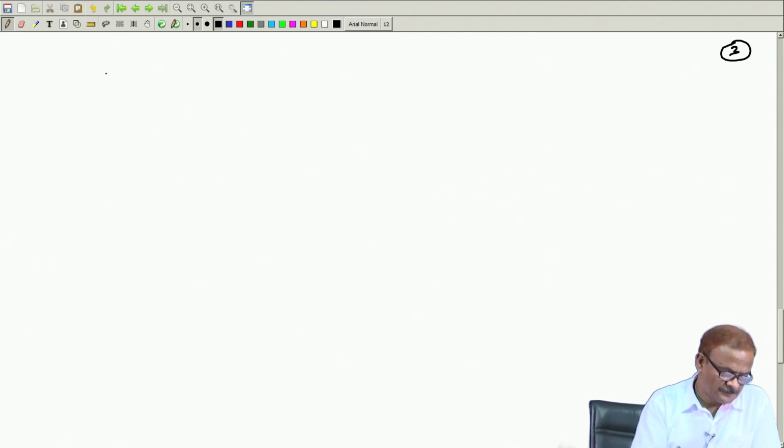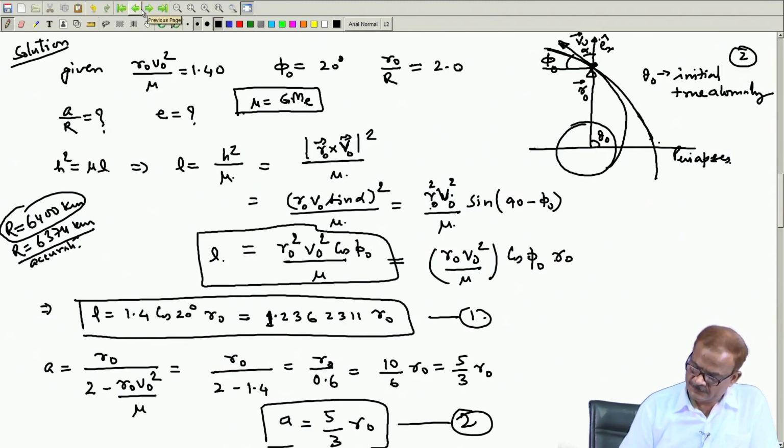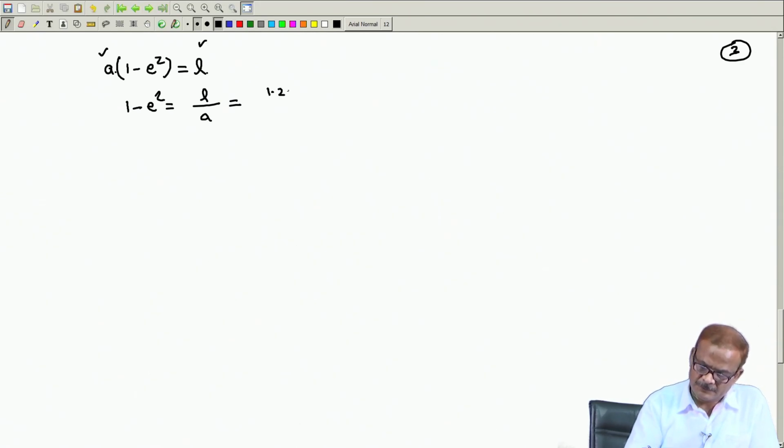Already we have written the expression for the L. We utilize it to find out a times 1 minus e square, this quantity is L. So, the expression for L and the expression for a we have written, therefore 1 minus e square equal to L by a, and from the previous one L equal to 1.2362311 r 0 and a we have written as 5 by 3 r 0.